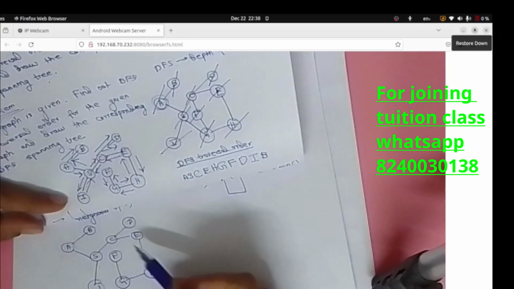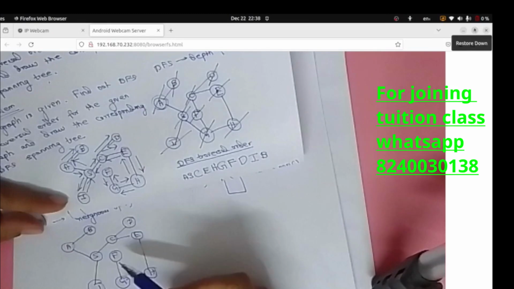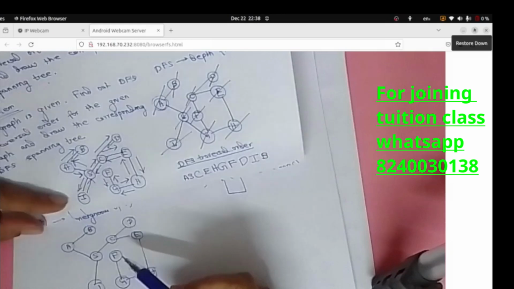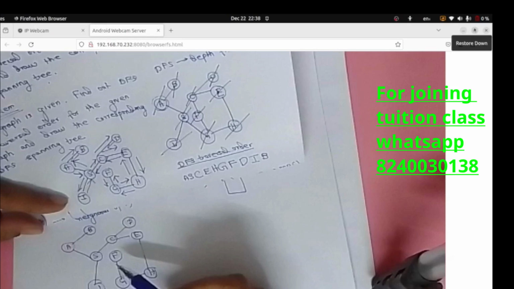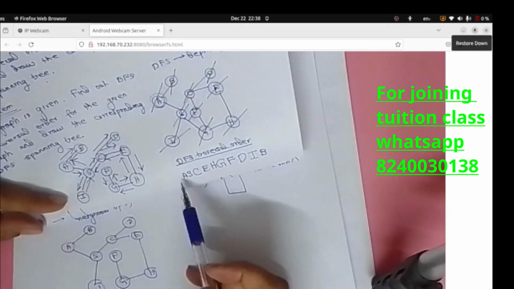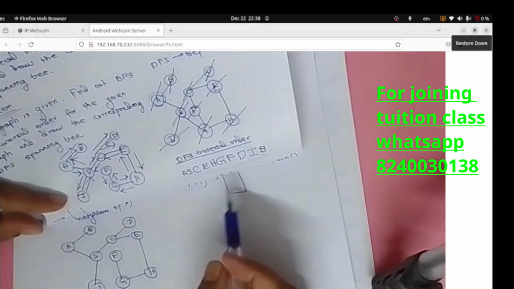As the tree is drawn according to the depth first traversing sequence of vertices, that's why this spanning tree is called the DFS spanning tree. And the order sequence of vertices will be this.